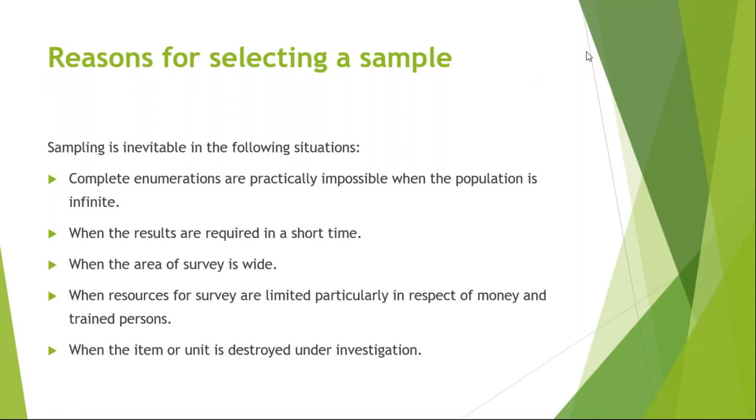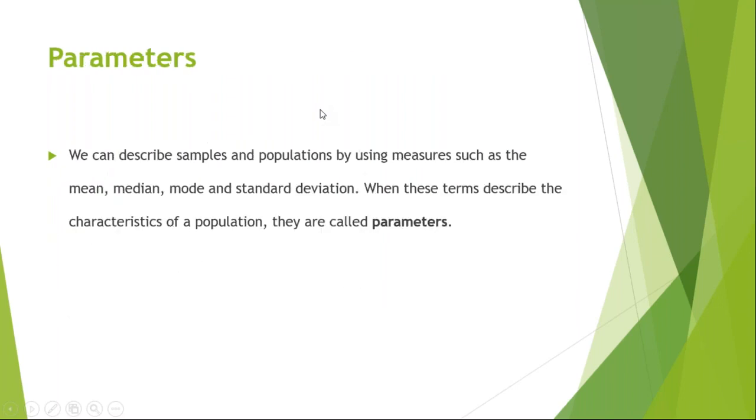So those are the reasons for selecting a sampling method. So let's proceed. Now, is there a demerit of sampling? Yes, there is. I think I'll give that as an assignment: find out if there's any demerit that is associated.